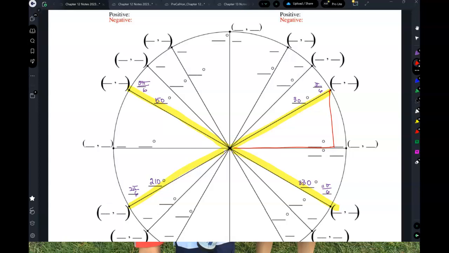In other words, I want to figure out how to get to that point. How much do I need to go over and how much do I need to go up? When I trace the route, that creates a right triangle, correct? That's our special rescaled right triangle. That means one of these sides has to be a half, the other one has to be a root 3 over 2.